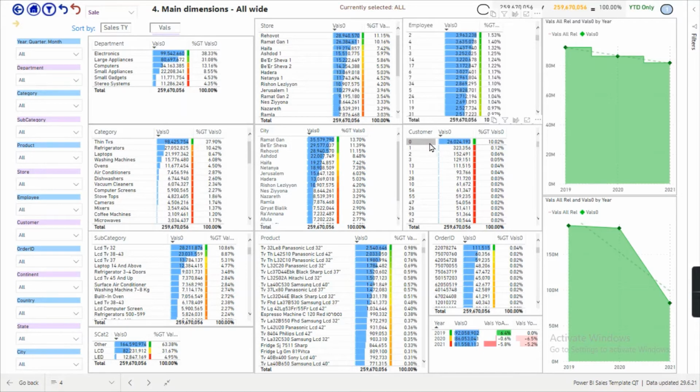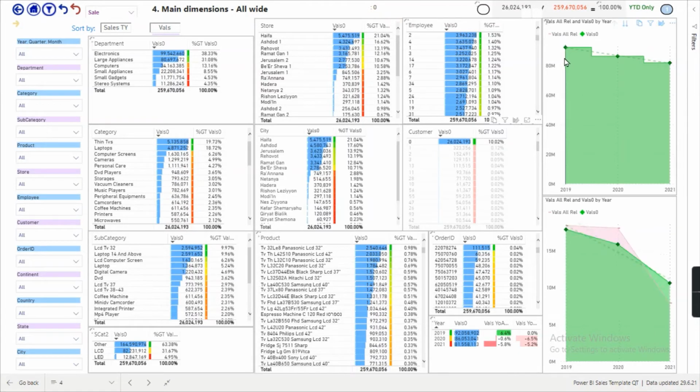So maybe it's a website of the chain that is registering all the sales, and there's a virtual customer because he doesn't give this data to the data warehouse. So it seems to be a website. 10% of all sales. Let's see what it does along the years.